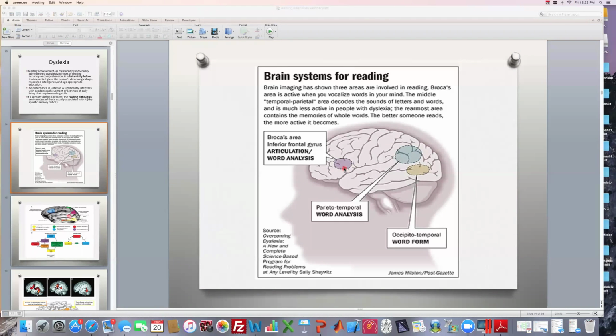And without this, we're left without a conscious verbal referent to that word, even though we may have actually seen the word or may even have a notion of its meaning, but we still don't have the word being said, again, either silently or out loud. And these are the three primary areas involved in reading. And dysfunction in any of these functions will lead to reading or reading comprehension deficits.